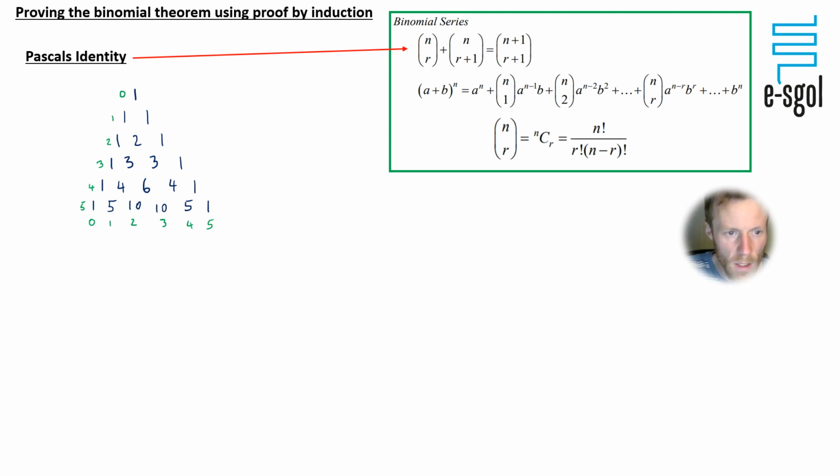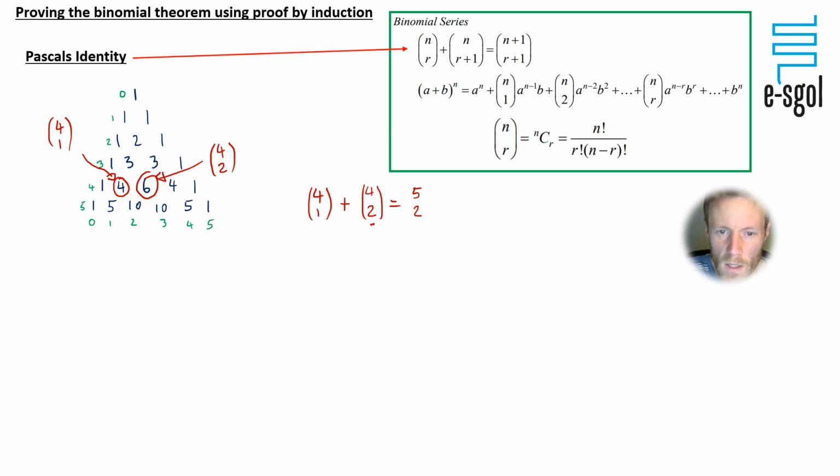If we take, for instance, this here, this is 4C1, and if we take this one here, this is 4C2, and what the identity on the right hand side is saying is if we take 4, 1 and we add 4, 2, we should get, so it looks like I have to add 1 to the number at the top, so we should get 5, and I keep the number the same.